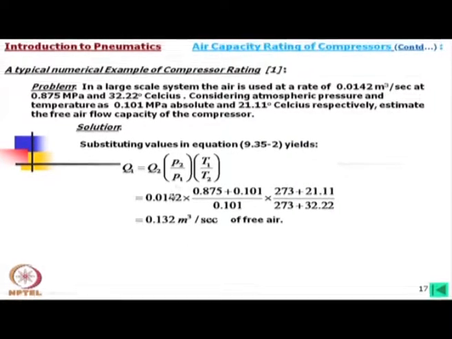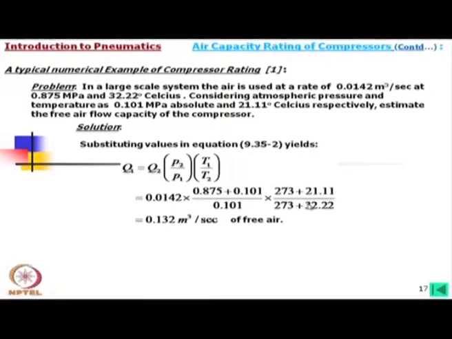So, Q2 is this, with pressure P2. Now, whatever pressure is given here, mind it, we have to convert it into absolute, that means you add the normal atmospheric pressure. And for the temperature, we have to add 273, the reference temperature.